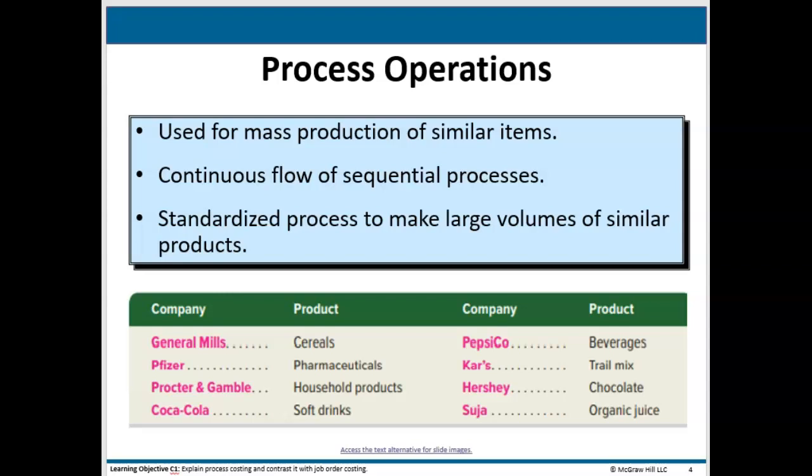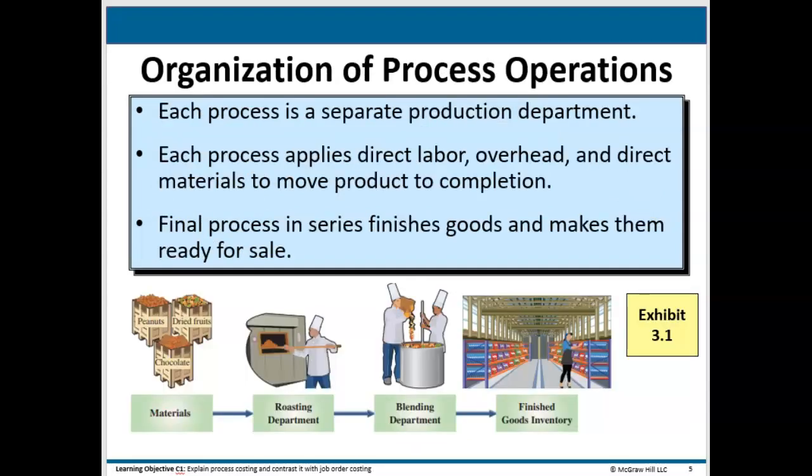So an example would be General Mills, for example. Cereal is pretty much all the same thing. They could make it all at the same time and process it. There's some other examples here like Pepsi or Hershey chocolate bars. They're all the same, right? You get the idea.